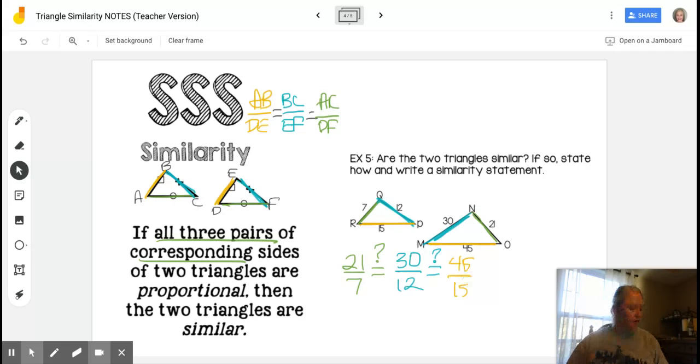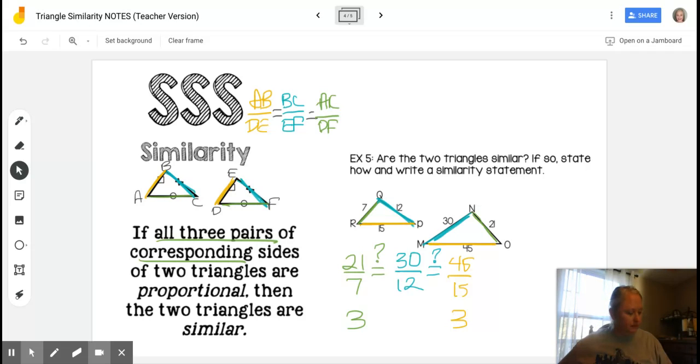Okay, so when I divide these, I get 3. Let me write that in the same color. I get 3. I get 3. But if we notice here in the middle, 30 divided by 12 is not 3.